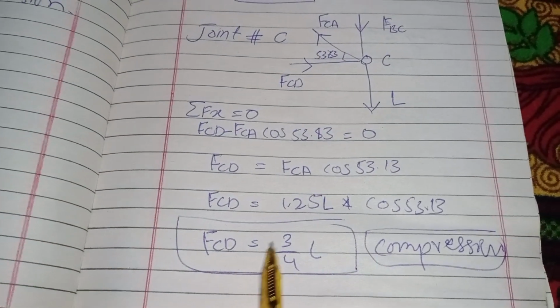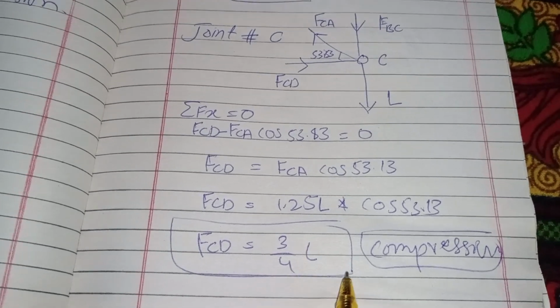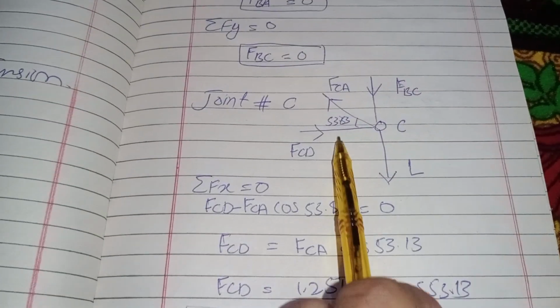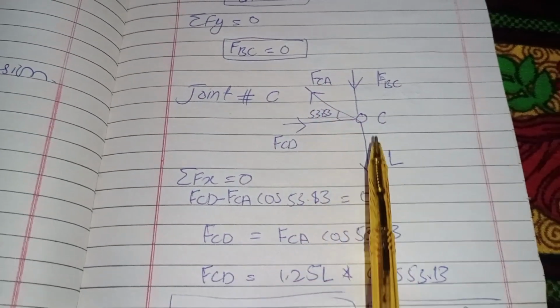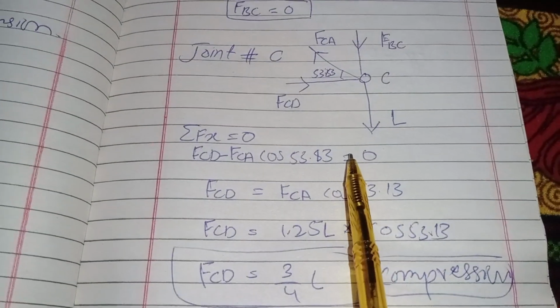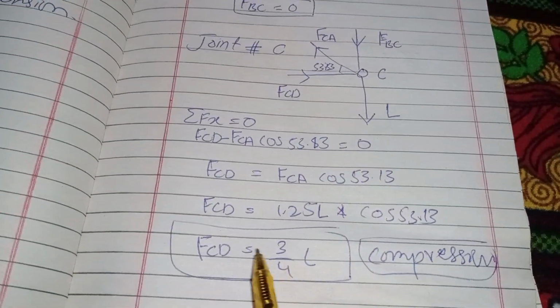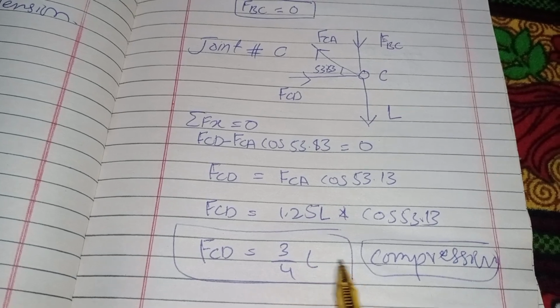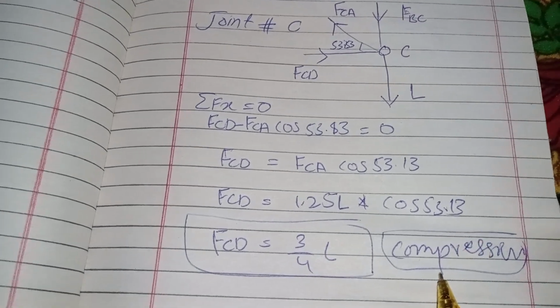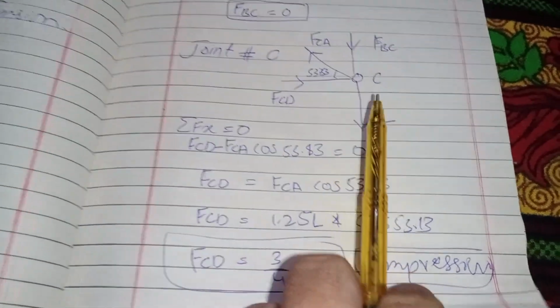So FCD will equal 3 divided by 4L, which is in compression. I assumed that FCD is in compression. That's why the answer with a positive sign means that my assumption was right. It is in compression.